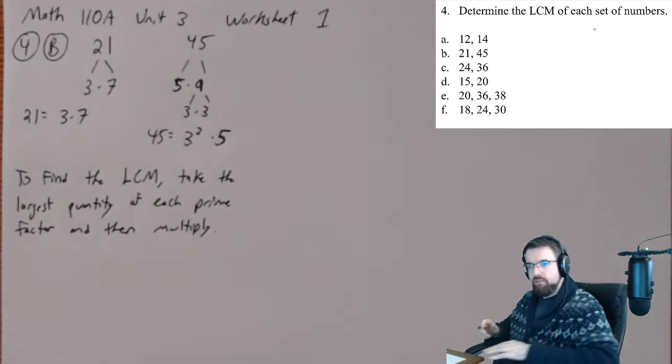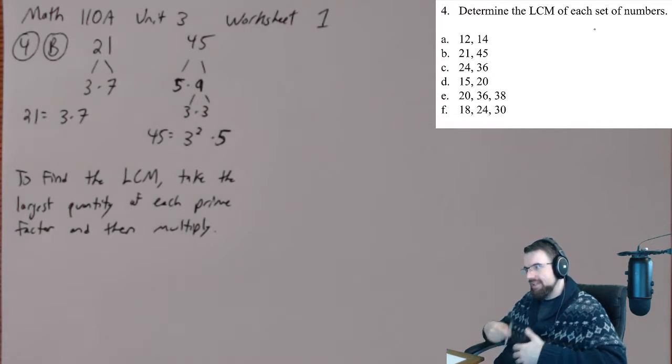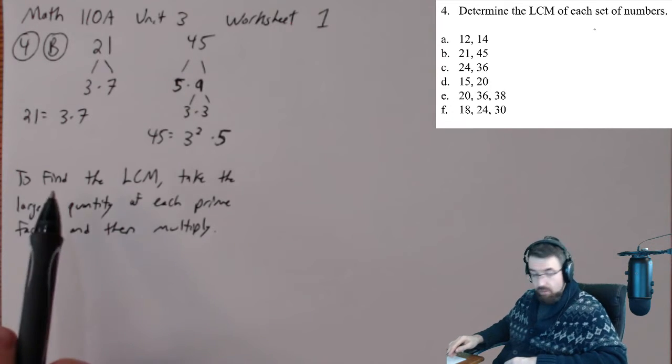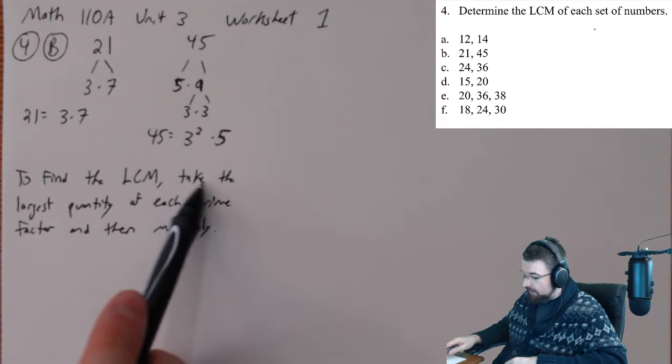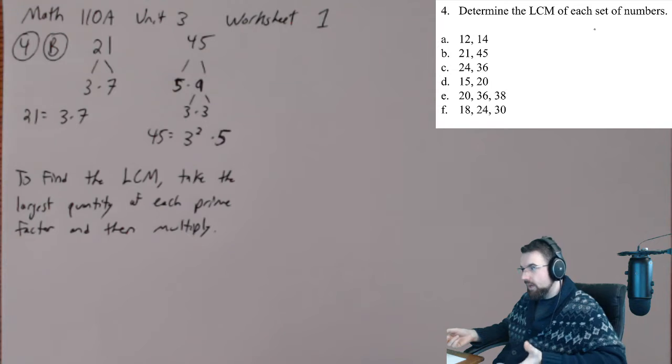And it is often the case with math. Sometimes writing out the instructions in words is a little less intuitive than actually working through it. But in words, what we're doing is to find the LCM, we're taking the largest quantity of each prime factor, and then we're multiplying. Well, what does that mean, the largest quantity of each prime factor?